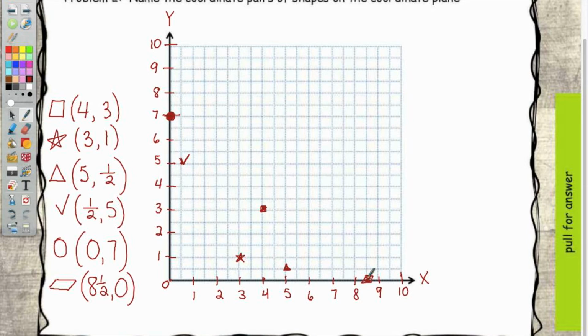Okay, now I'm going to ask you some questions because this is where it gets confusing. Ready for the questions? Okay, which shape is 4 units from the y-axis? 4 units from the y. Which shape is 4 units from the y-axis? The square.